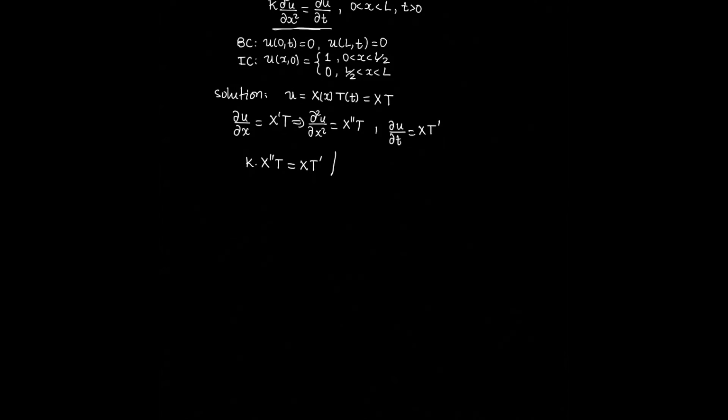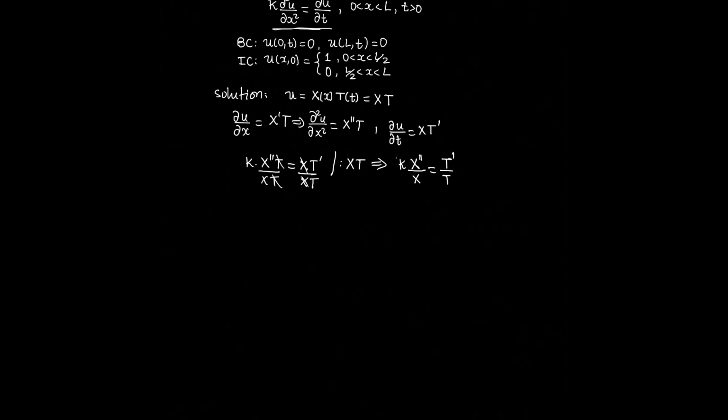Then I divide both sides by XT. I cancel T with T and X with X, and I have k times X double prime over X, which is equal to T prime over T, the first derivative over T.